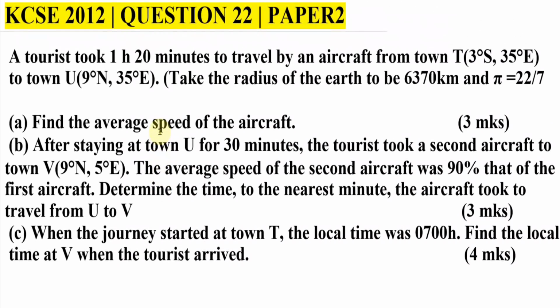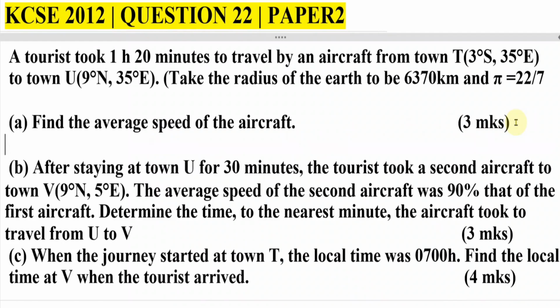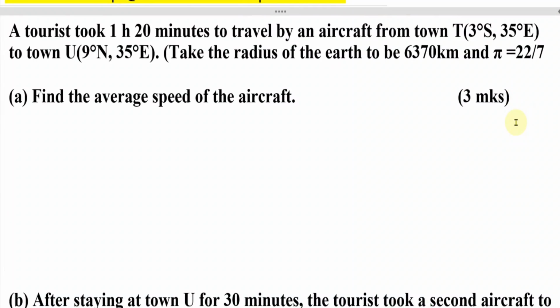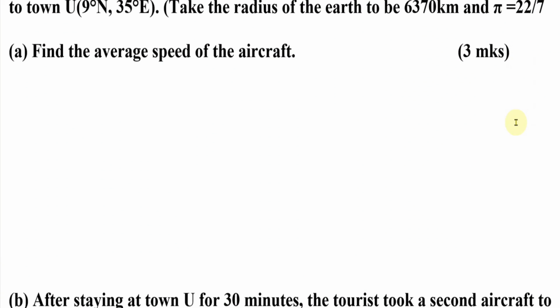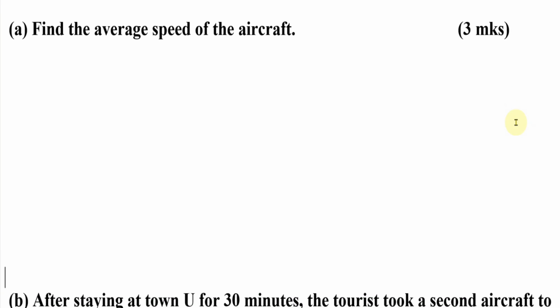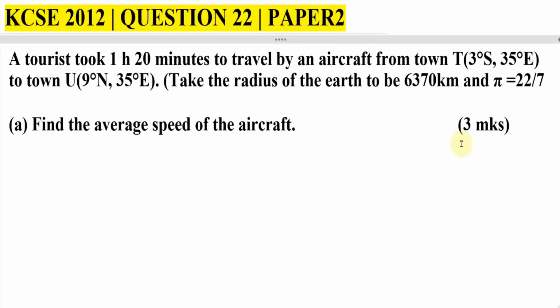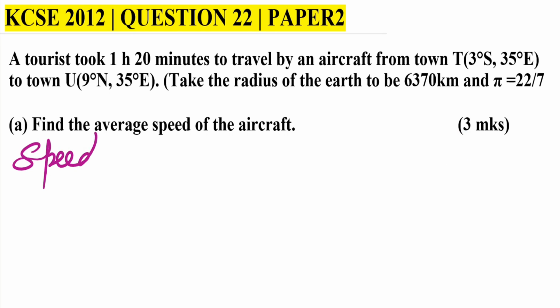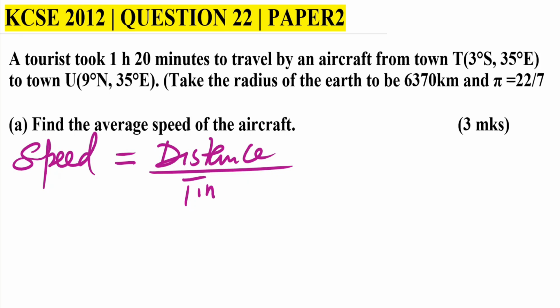So let's begin with the first part of the question, which is finding the average speed of the aircraft. To find the average speed, speed will be obtained by distance over time taken.